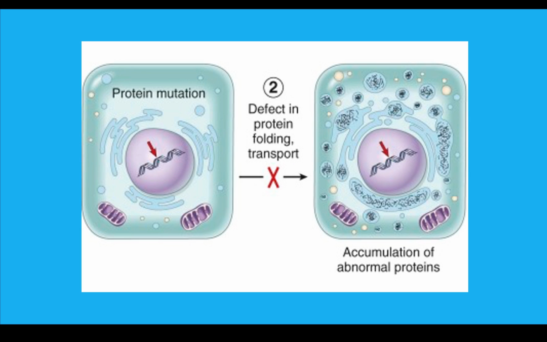But just to give you an example, one type of mutation of alpha-1 antitrypsin can cause accumulation of abnormal proteins, which is that antitrypsin inside the actual cell itself. That's one example, but again, you don't need to know that yet. We'll get to that when we get to that.